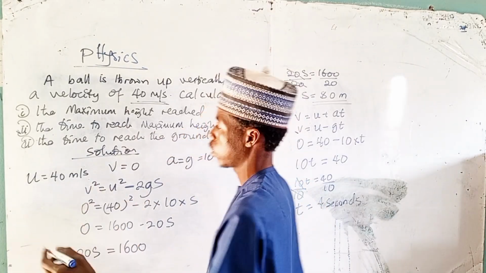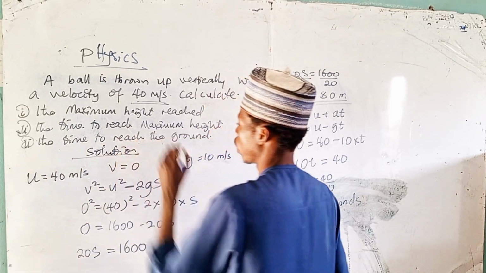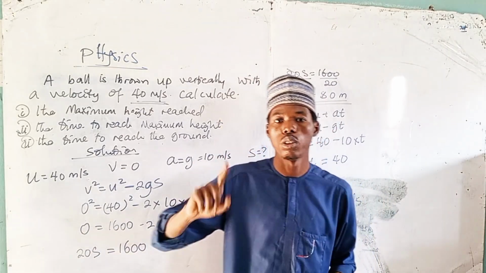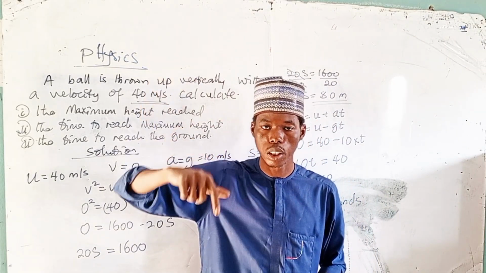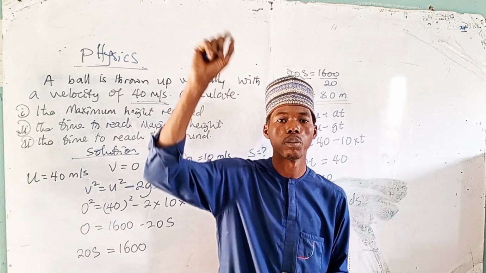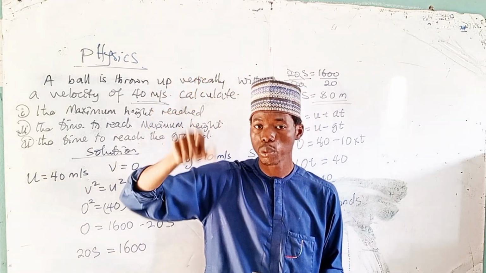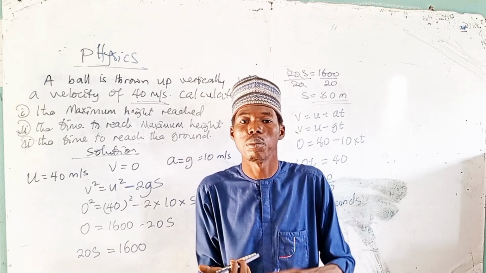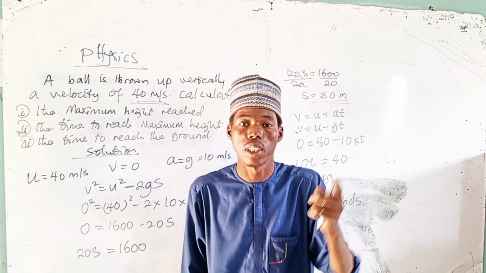What we are going to find next is the time to reach the ground. The time to reach the ground, meaning the time it will take the ball to go up and then come down. That is twice the time to reach the maximum height. Time to reach the ground is equal to 2 times the time to reach the maximum height.